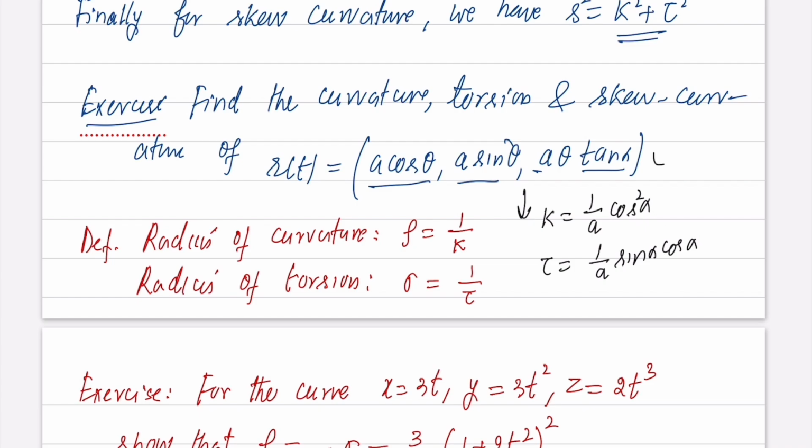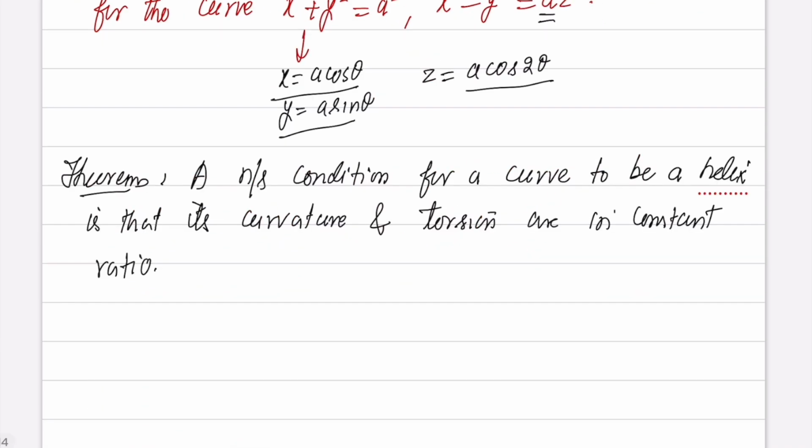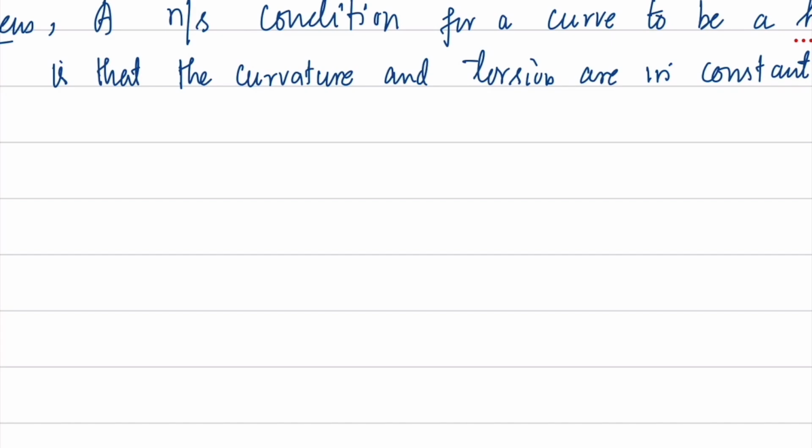So for helices, the curvature and the torsion are in constant ratio. Therefore, this is the necessary and sufficient condition for a curve to be a helix. For any curve, whenever the curvature and the torsion are in constant ratio, that curve has to be a helix.